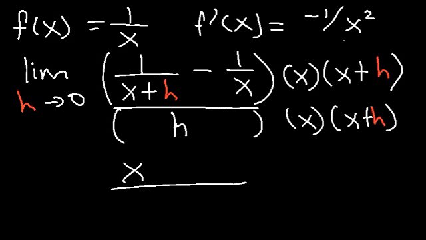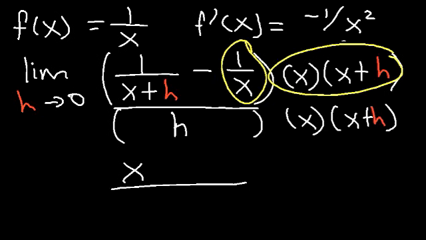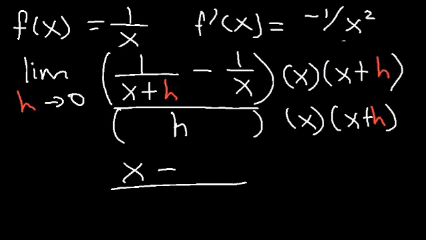Now what about 1 over x times x and x plus h? This time, x will cancel, and we'll be left with x plus h, but don't forget about the negative sign. So it's minus x plus h.